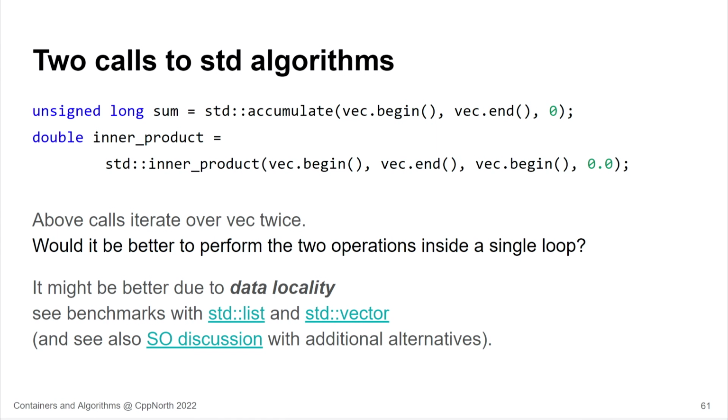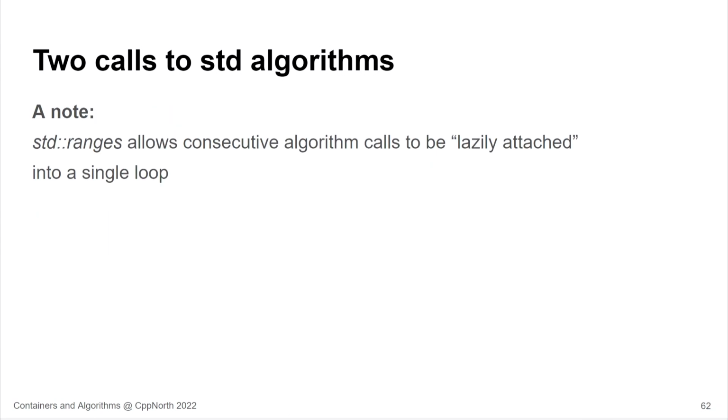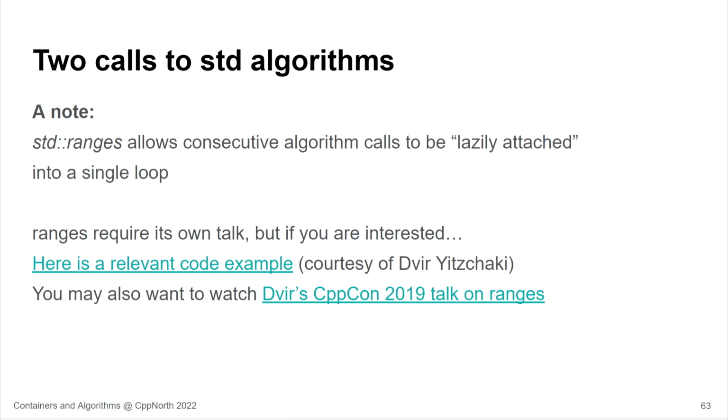And then ranges come to our help. Ranges would help us in a way, because if you use ranges, there is an idea of laziness behind it. I would not go through this code example, but you should, for example, go to Dvir Yitzhaki's talk on ranges, which is on the web, or any other talk about ranges.